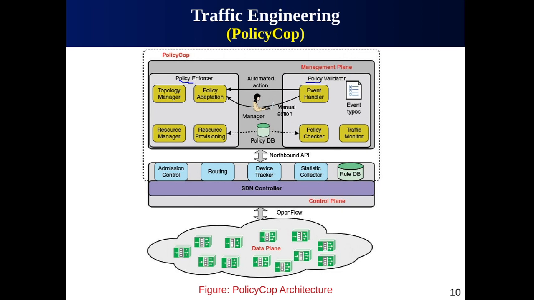And every module is responsible for performing some functionalities. Okay. So you can see that there are 2 databases, and databases are related with policies and with rules, nothing else.